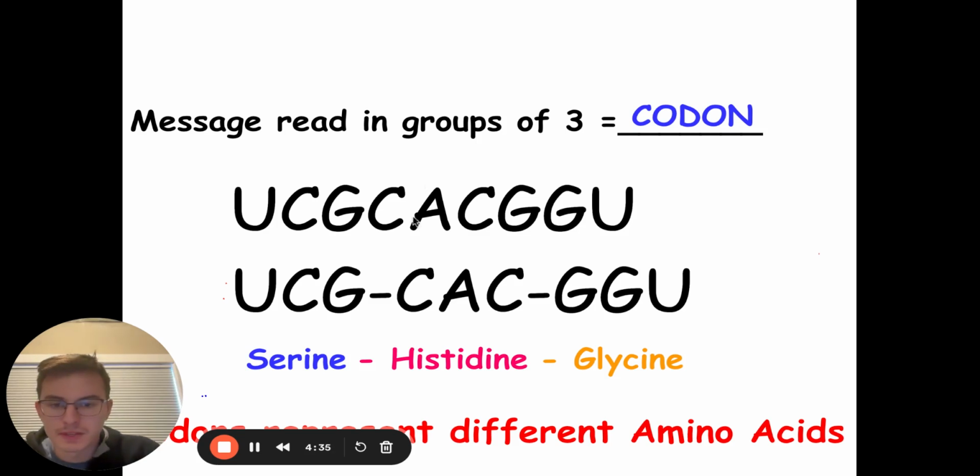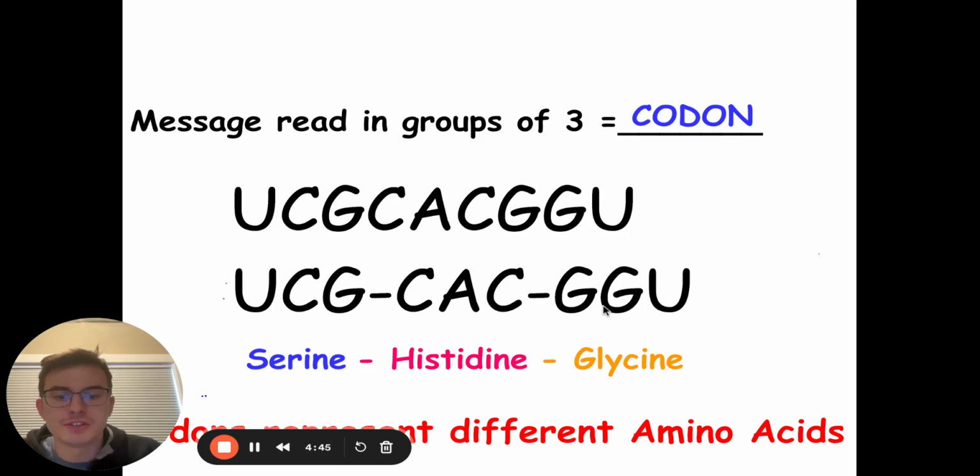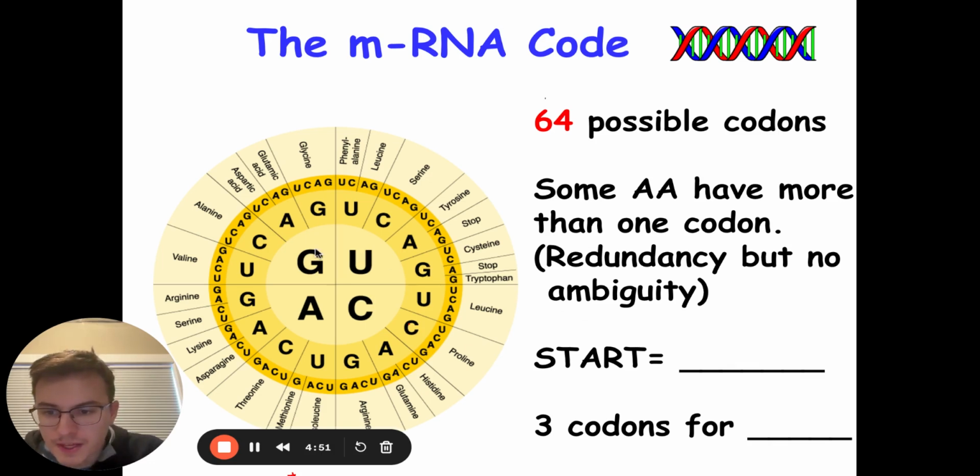Okay, CAC, histidine. There we go. And then the last one, GGU, it says it makes glycine. We can confirm that. GGU makes glycine.